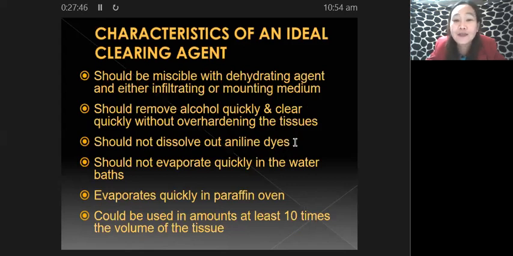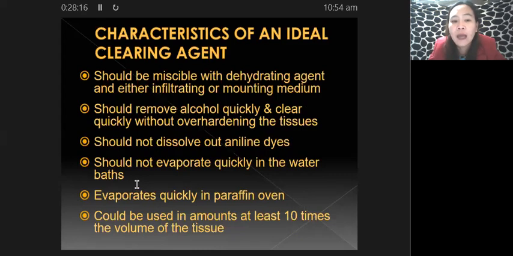Of course, it should not dissolve out your aniline dyes. Why? Because this will lead to the leaching of your stain. That means your tissue preparation will not be able to hold the stain that is utilized. So ganun siya, parang mawawash off. Mawawash off po yung aniline dyes na ginamit mo.